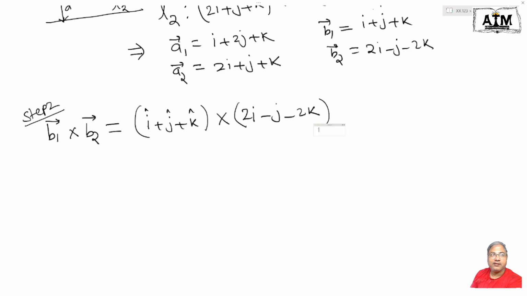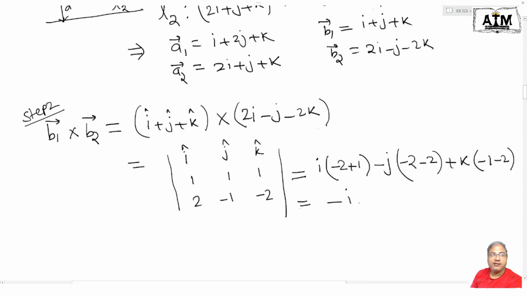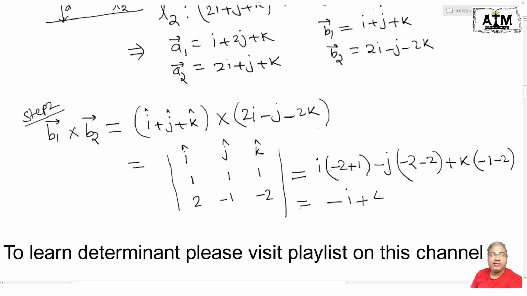After that, we find the cross product of vector B1 and vector B2. This equals the determinant of i, j, k; 1, 1, 1; 2, minus 1, minus 2, which is equivalent to minus i plus 4j minus 3k.